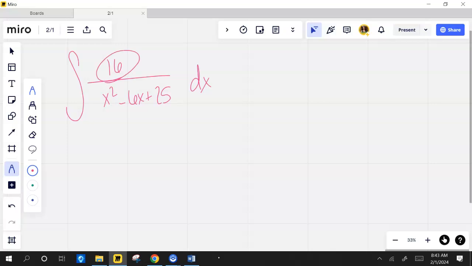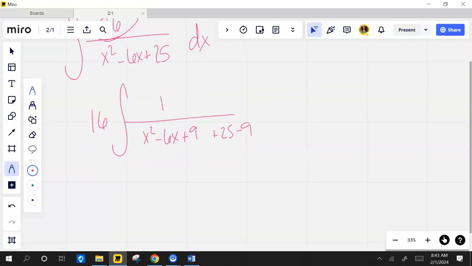Just because I always take that out if I have it, I'm going to go ahead and take that 16 out and put it on the outside. I'm going to do 1 over, and I'm going to complete the square here. What c do I need? 9. I've got this plus 25, so I'm going to subtract it over here. So I end up with 16, 1 over x minus 3 squared plus 16.